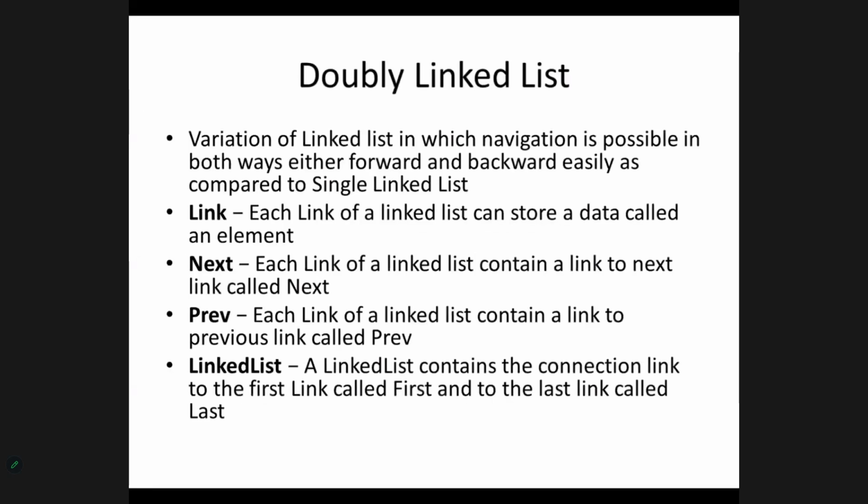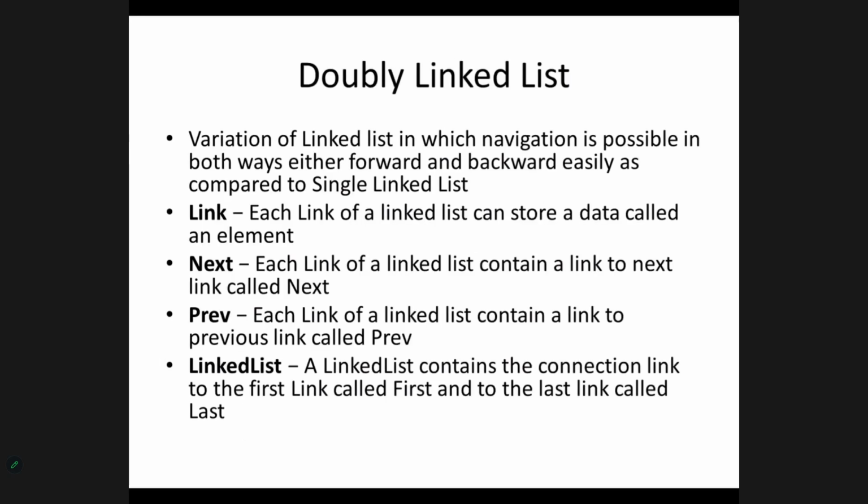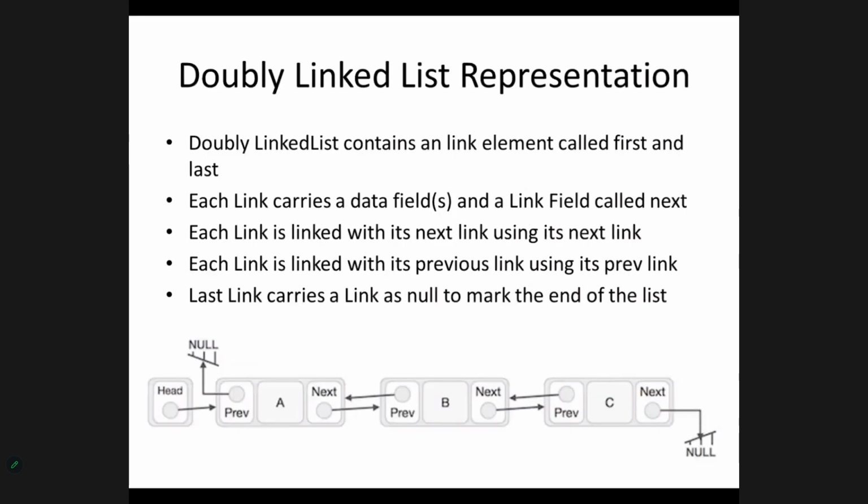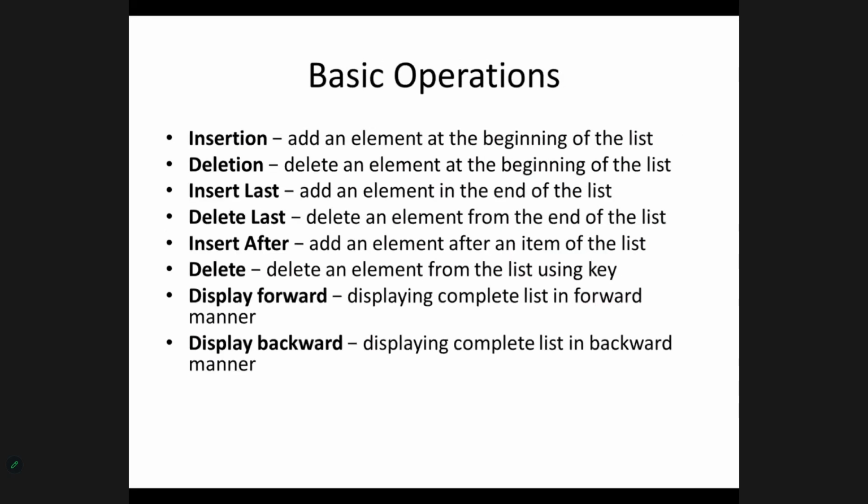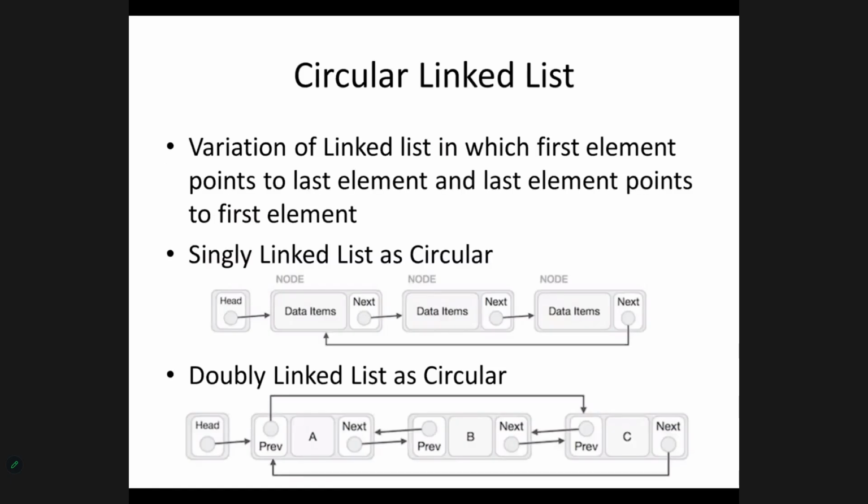Then we discussed different types of linked lists: double linked list, its representation and basic operations, and then circular linked list. There we discussed two types of circular linked list: singly linked list as circular, and a double linked list as circular.